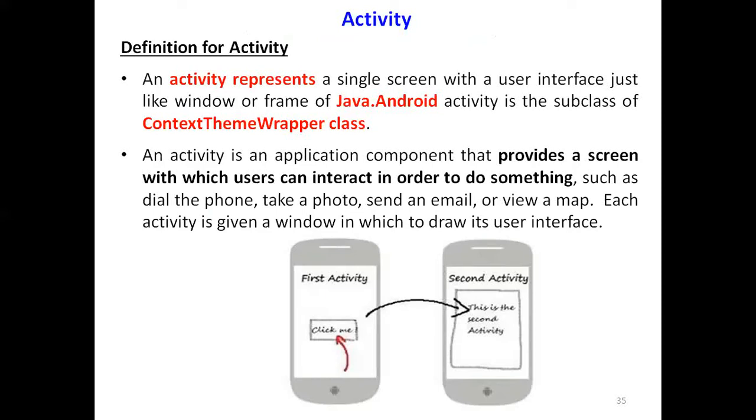An activity is an application component that provides a screen with which users can interact in order to do some activity such as dial the phone, take a photo, send a mail, view the map, or do some gaming, right? Each activity is given a window in which it draws its user interface. Once you click in the first activity, it goes to the second activity. If you click in the second activity, it goes to the third activity. Likewise, you can keep changing the operations. We call it activity, right?